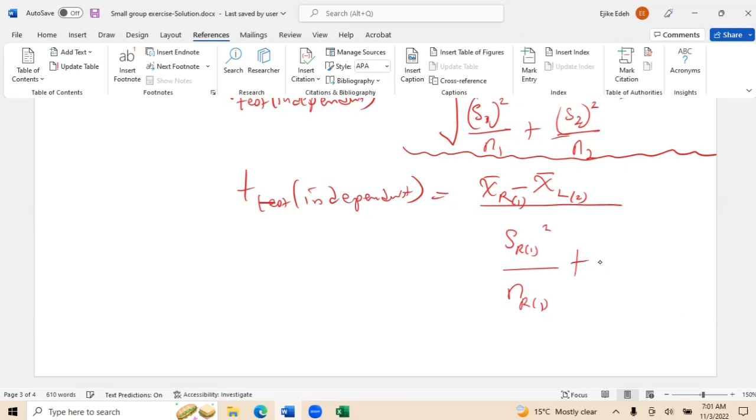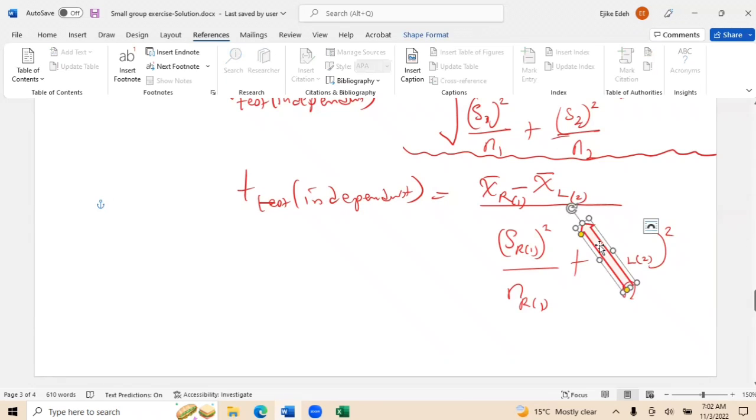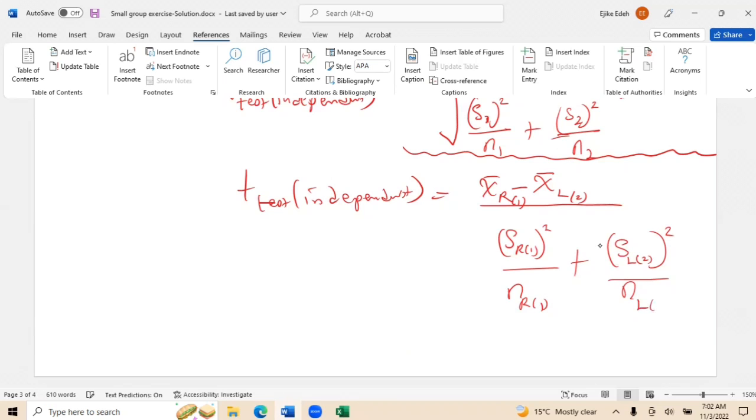Plus the standard deviation for the group on the left hand, which we are using as our group 2, squared divided by n of the left hand, and this is our group 2, right?